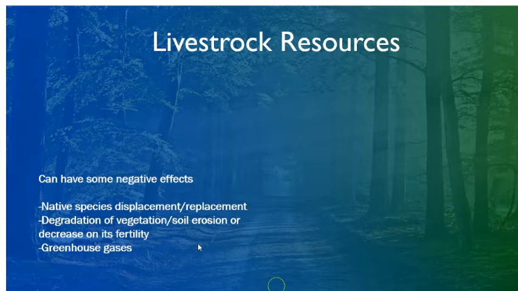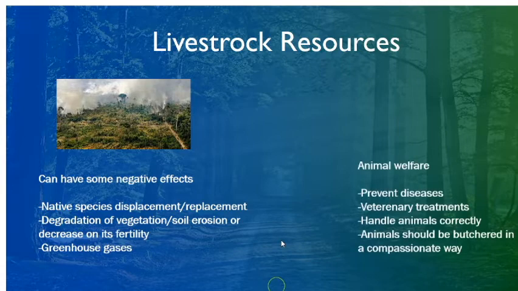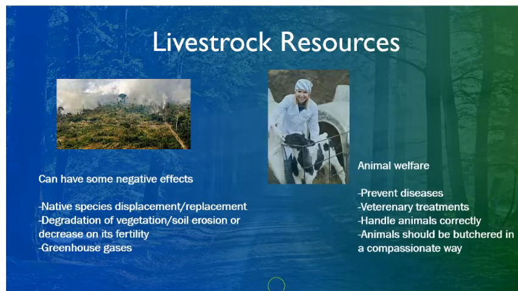Also, degradation of vegetation, soil erosion, or decrease in its fertility can also have conflicts with the soil. If we use the soil many times, it is not going to be good for it, all right? It's going to be unable to be used again in the future, so that can happen also. And also the greenhouse gases, they can be harmful to the environment.